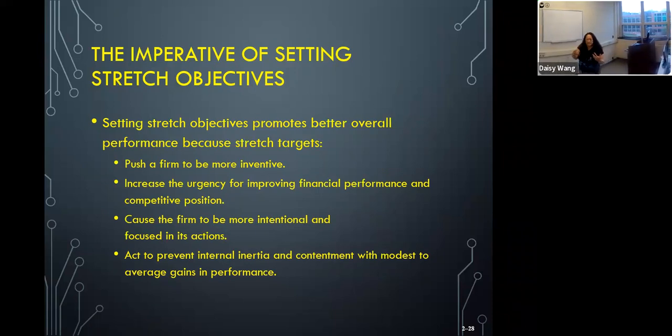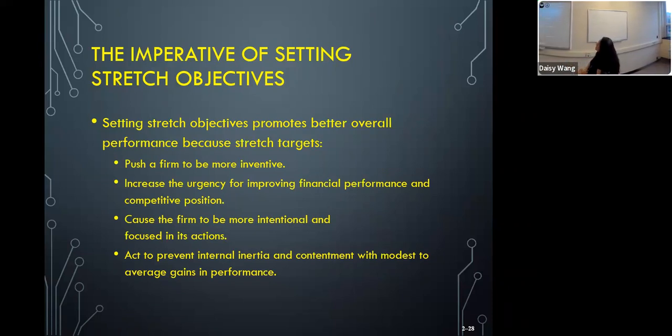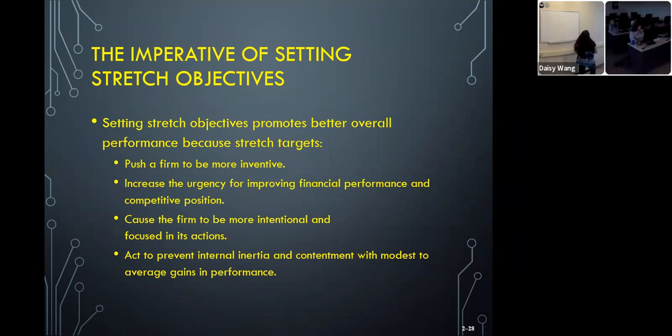We don't want an easy objective. We want it to push the company to be more inventive, and we always want to improve. We want the company to be focused, to match the strategy with objectives, and we want to prevent inertia.